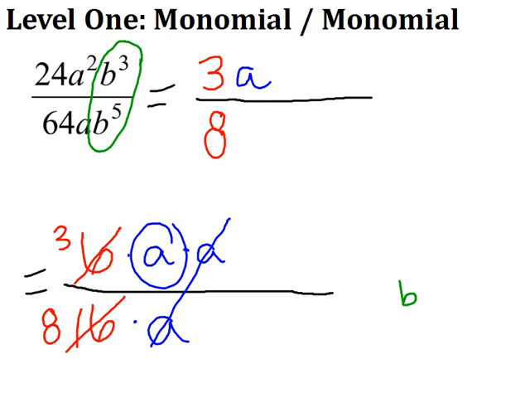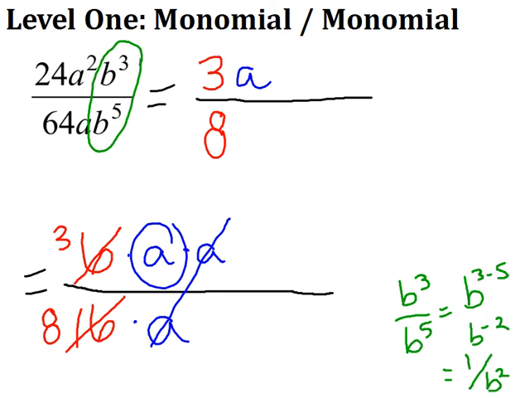I'll write that off to the side here. So b^(-2). But remember, we don't like negative exponents, so that would be 1 over b to the positive 2. It flips over the fraction bar.